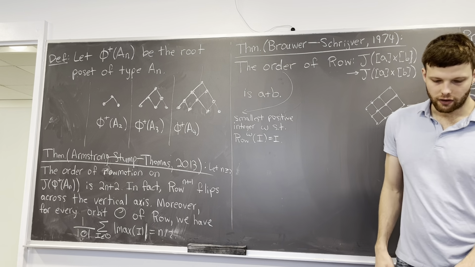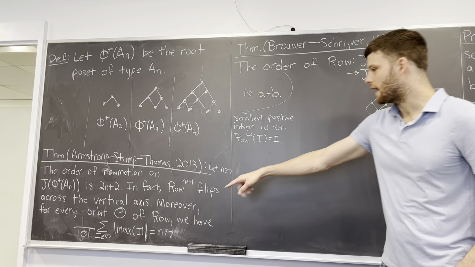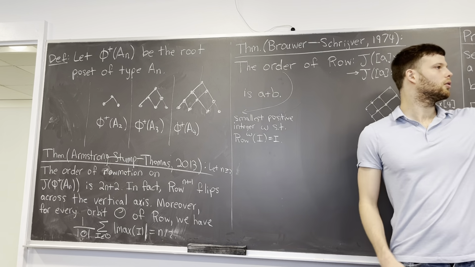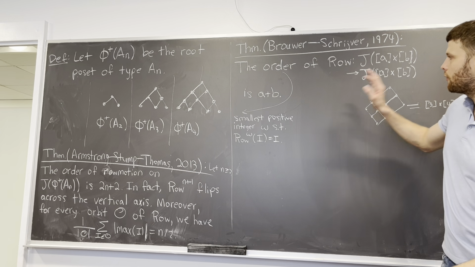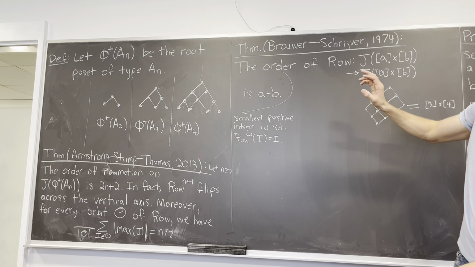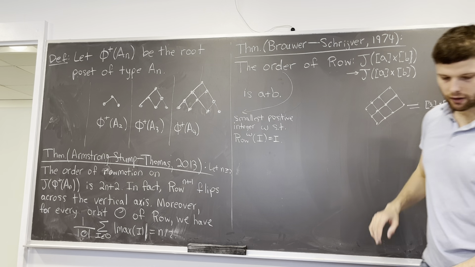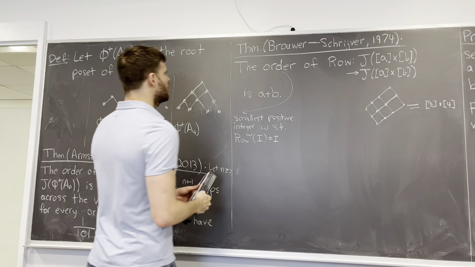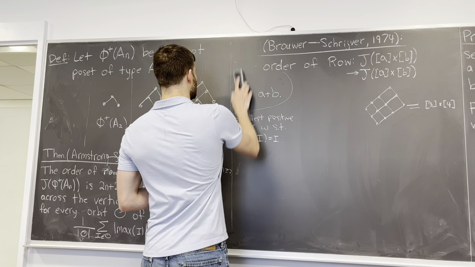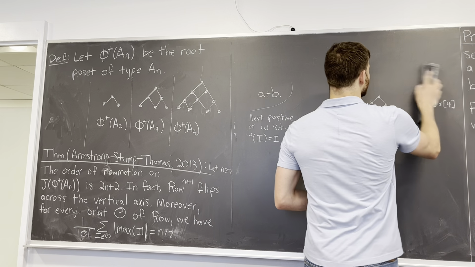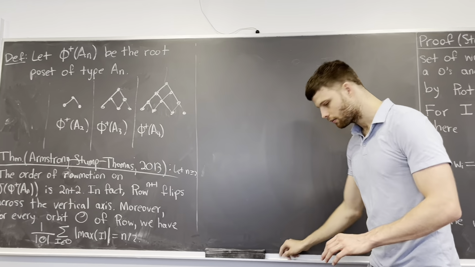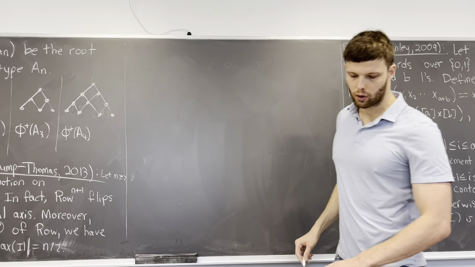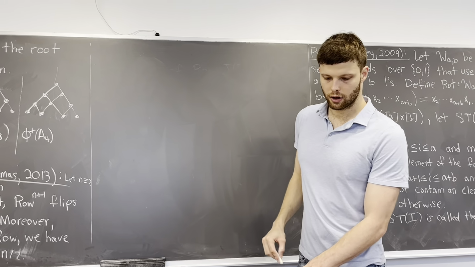Let me give an example of this last part. We could do the example there, but let me do the example for n equals 3, because I think it's a little more illustrative. Let me write down some orbit of Rowmotion.